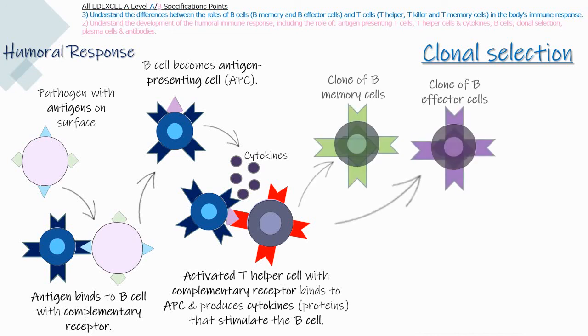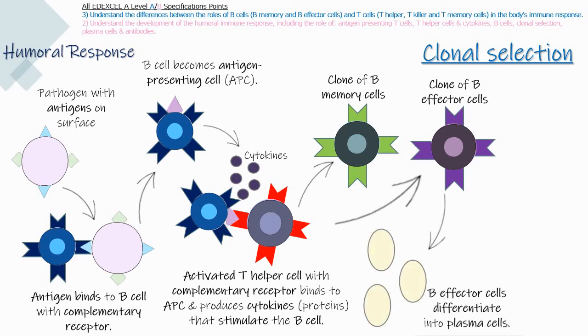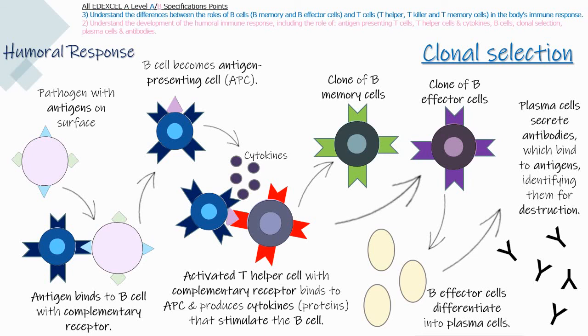So this stimulation causes B cells to form a clone of B memory cells and B effector cells. And these B effector cells differentiate into plasma cells. And these plasma cells secrete antibodies which bind to specific antigens, identifying them for destruction.